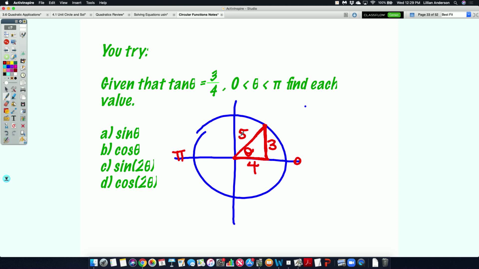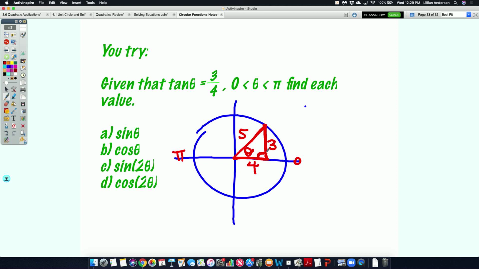And from here, you have to do it this way when you're given tangent, because there is no identity that you need to be responsible for that will help you find sine and cosine straight from tangent. So you'll have to use your knowledge of right triangles and SOHCAHTOA to find sine theta and cosine theta.